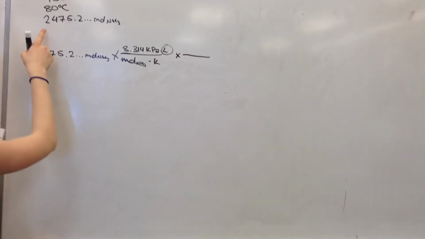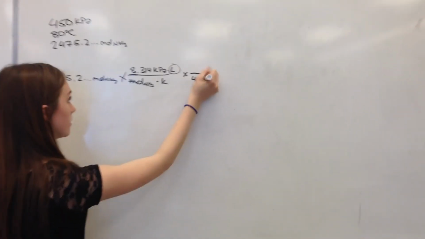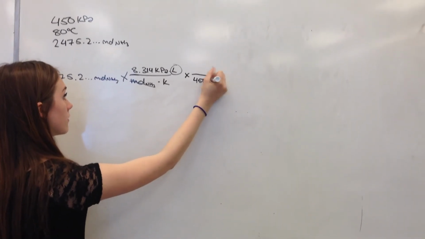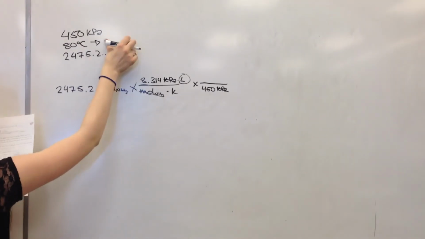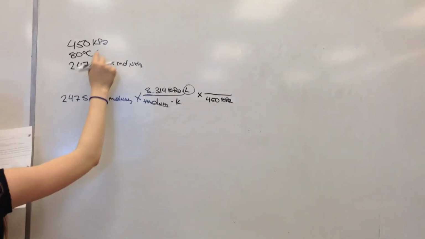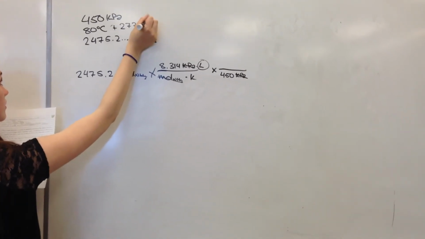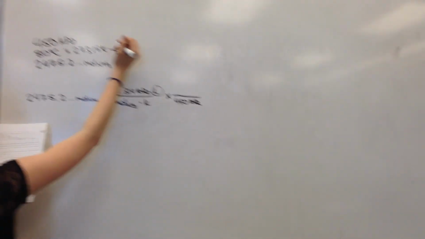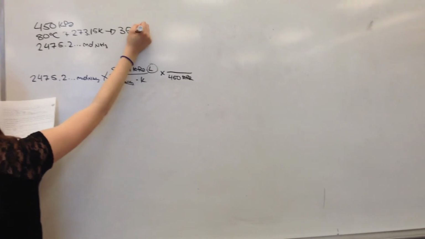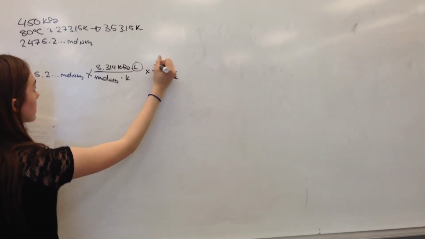And then we know that we have 450 kPa, so we can put that down here. And then we have 80 degrees Celsius, so to convert that to Kelvin, you just add 273.15 K, which is 353.15 K. So we put that here.